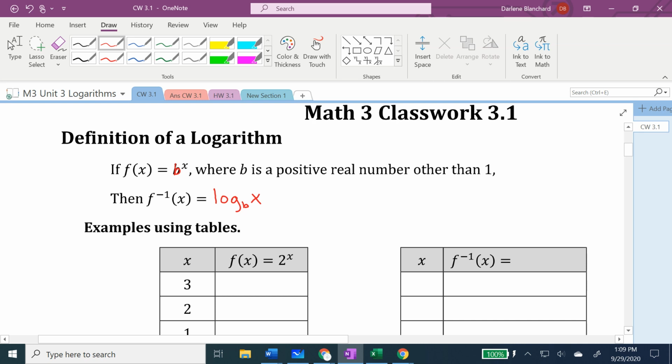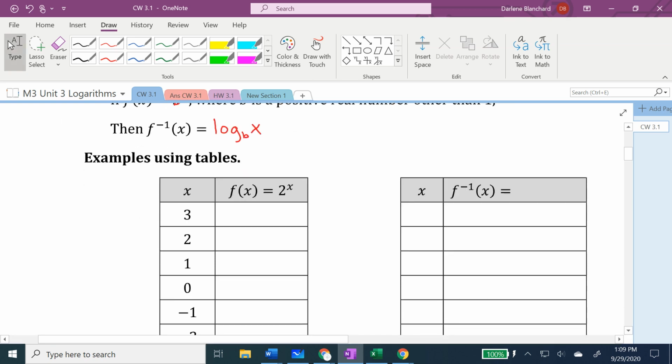So you write log, subscript, back to regular script, input. For the logarithm to be the inverse of the exponential, the bases have to match exactly. Each of these exponential functions has a slightly different inverse. So 2 to the x has inverse function log base 2 of x.